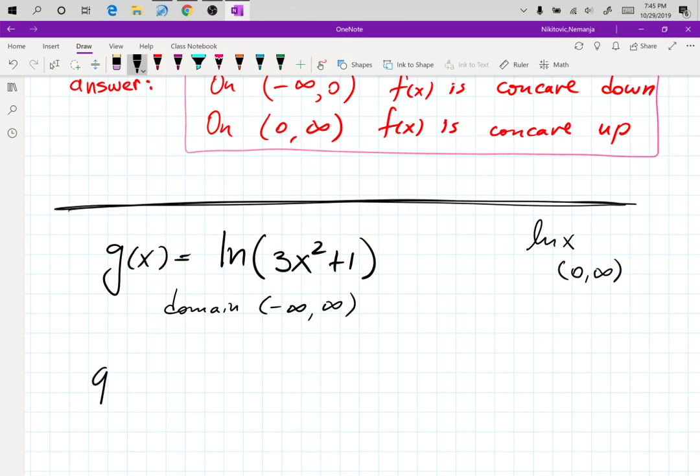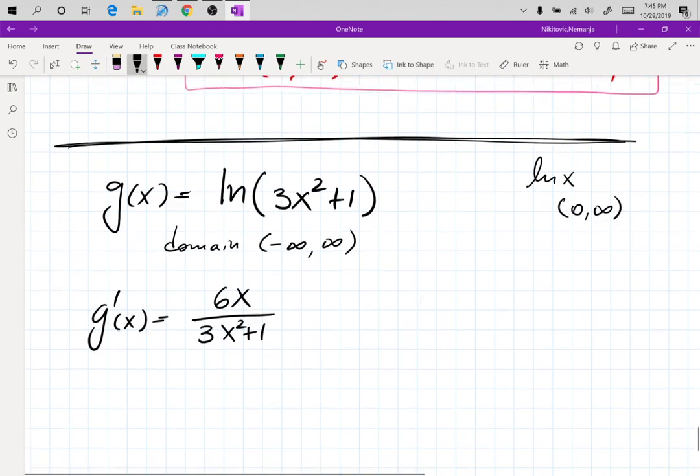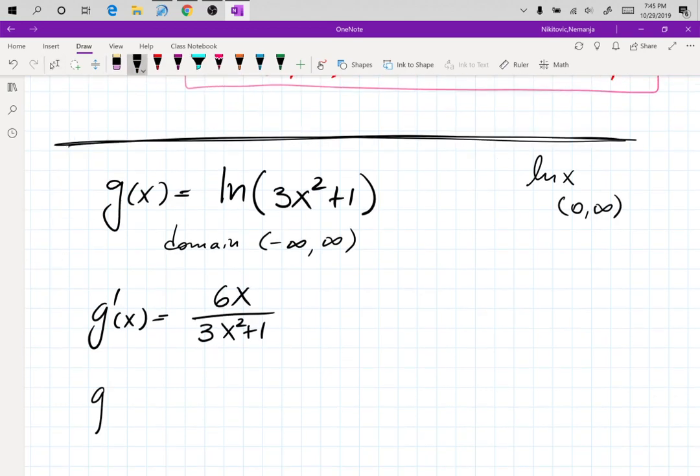Awesome. g prime, that's the first derivative. We know that we are supposed to copy the denominator and then put 6x on top. And now we need the second derivative, g double prime of x. You can use logarithmic differentiation if you want to, or you can use the quotient rule.